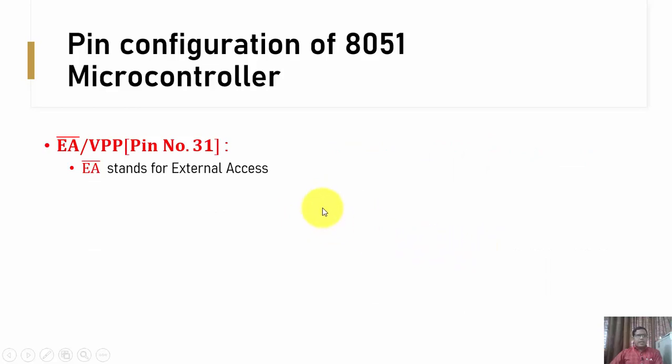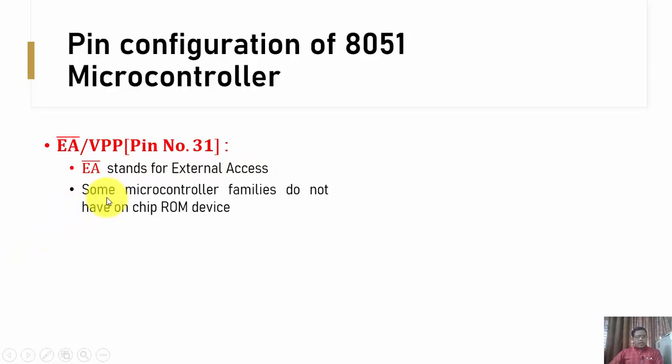The next one is EA bar slash VPP, that is pin number 31. Basically EA bar stands for external access. In the previous lecture we discussed, when comparing different microcontroller families like 8051, 8052 and 8031, that in 8031 the internal ROM is absent.